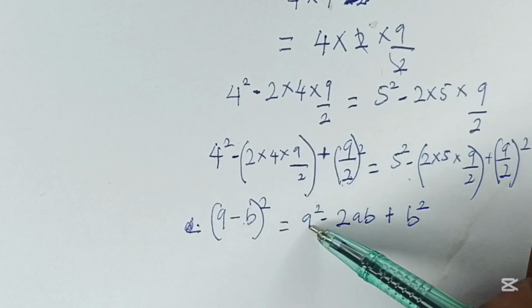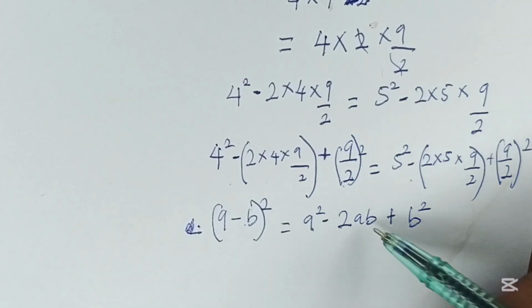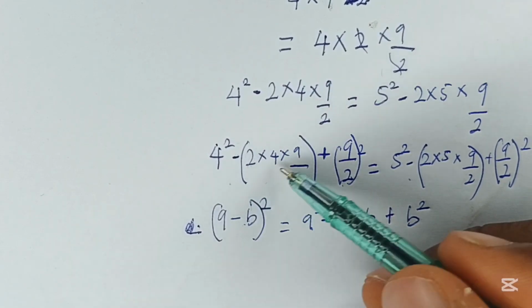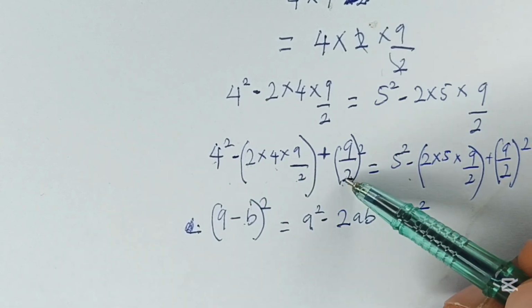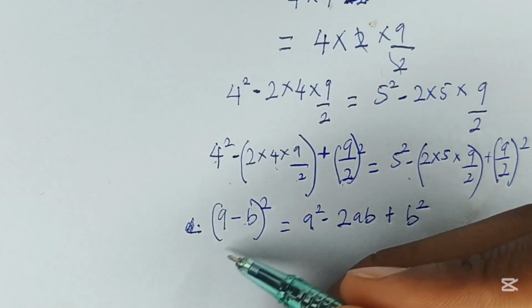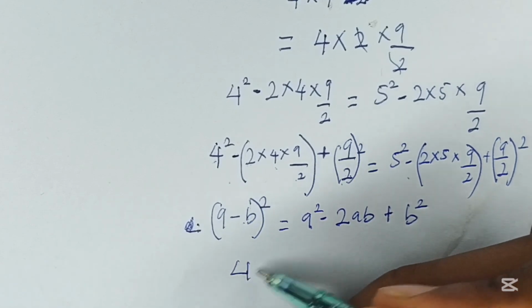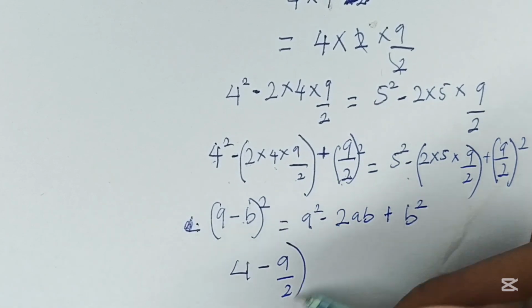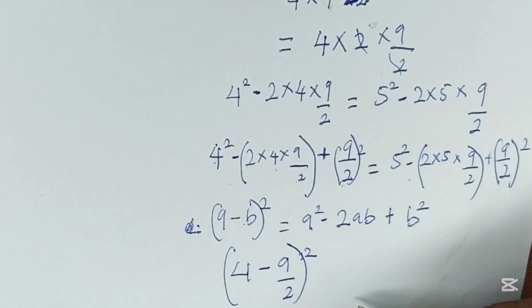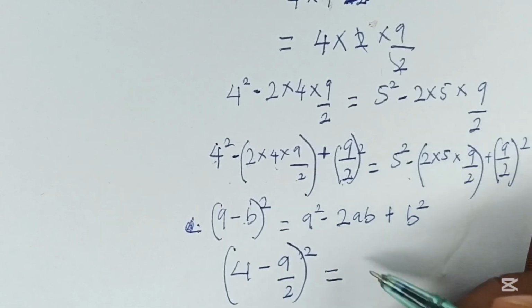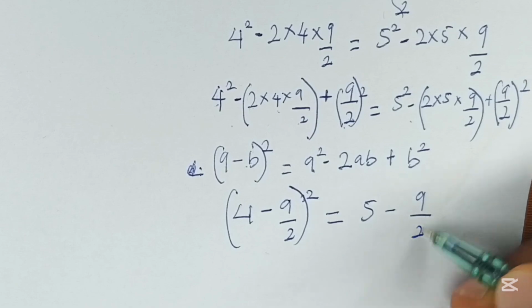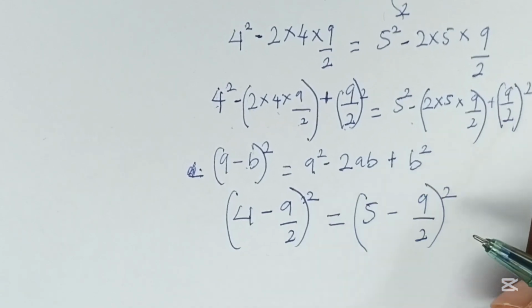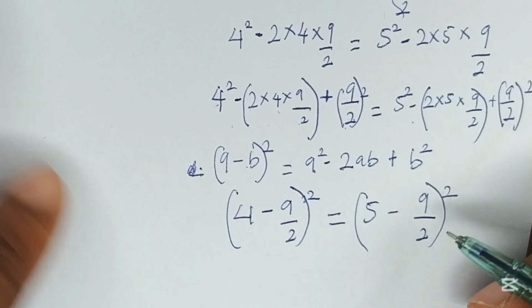Okay, now let's compare this with this. 2ab, you have minus 2 times 4 times 9 over 2, and you have 4 squared and (9 over 2) squared. Hence, this whole thing can be rewritten as (4 minus 9 over 2) all squared, to be equal to the same on this side, (5 minus 9 over 2) all squared. Alright, we're getting somewhere now with this.